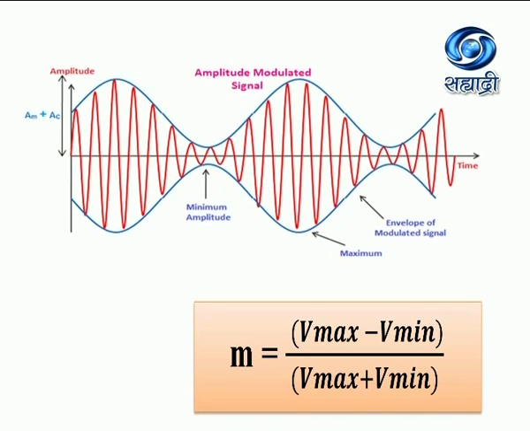This is the final output of amplitude modulation, and it is also called the envelope. We can calculate the modulation index from this waveform as the maximum amplitude minus the minimum amplitude, divided by the maximum amplitude plus the minimum amplitude.